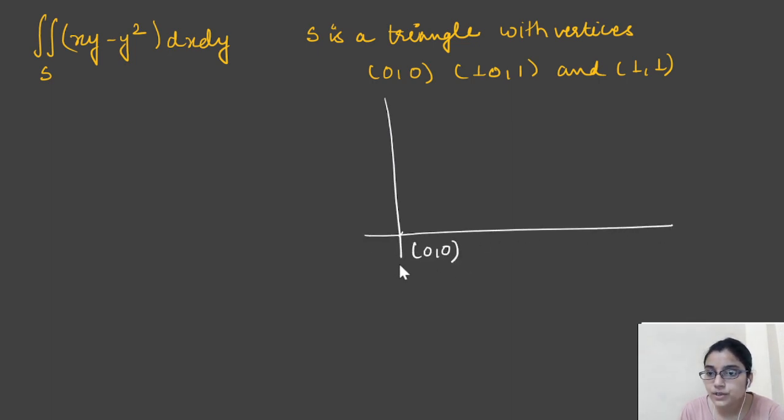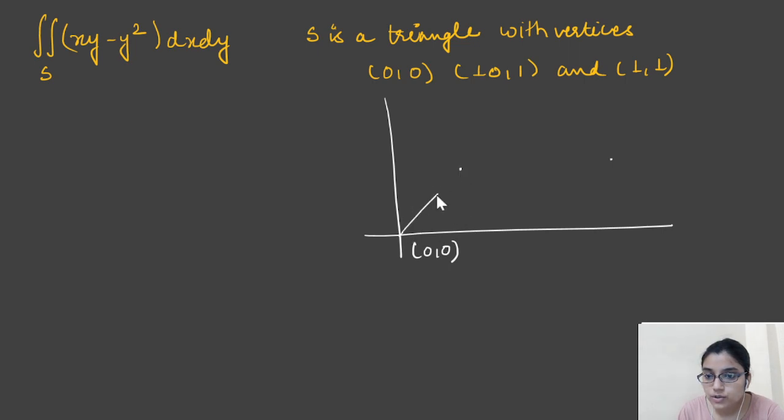This is your 0 0, then here you have your point 10, and suppose this is y equal to 1. I'm just making it up like this for you people to understand. This is your 10 and this is your 1. And you need 1 1 also, so it lies somewhere like this.